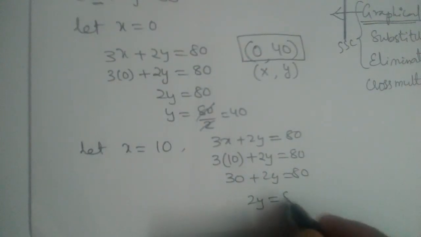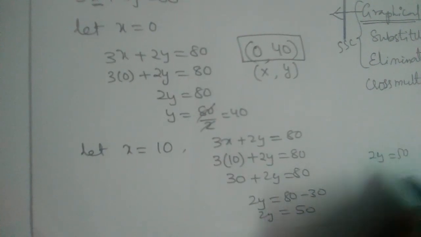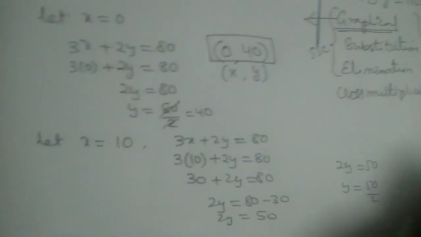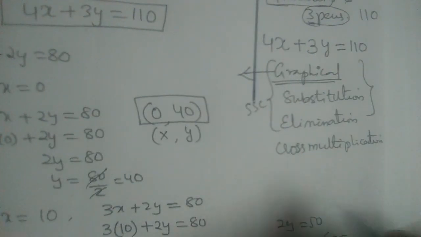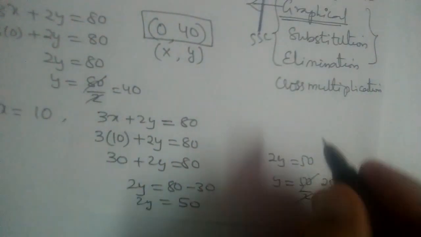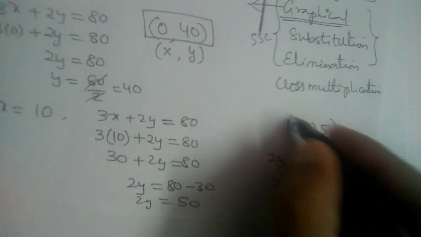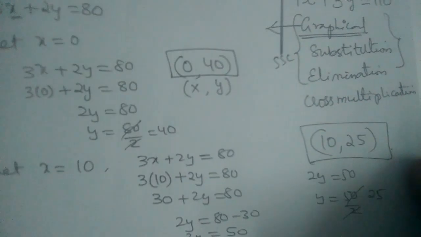So 2y is equal to 80 minus 30, which is 50. So 2y is equal to 50. y is equal to 50 divided by 2, which is 25. So the second point we got is 10 comma 25. This is our second solution.